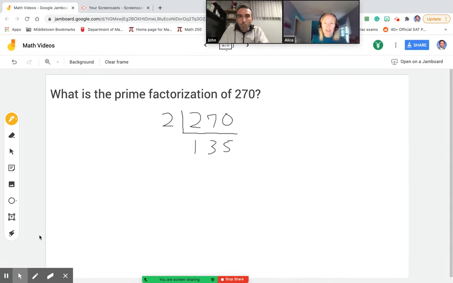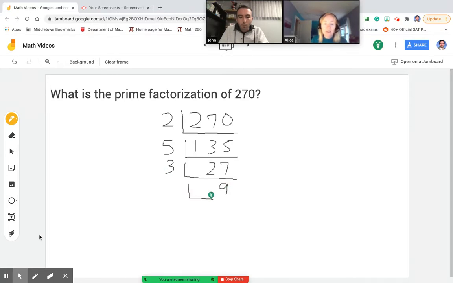Okay, so now a prime number that goes into 135 is 5. Repeated division, just like the name. Just keep dividing.